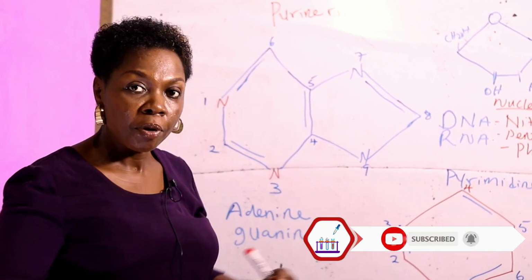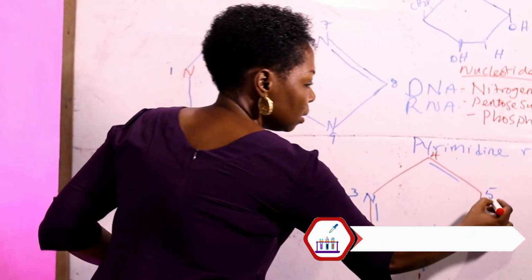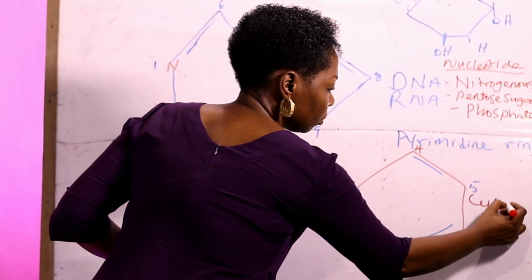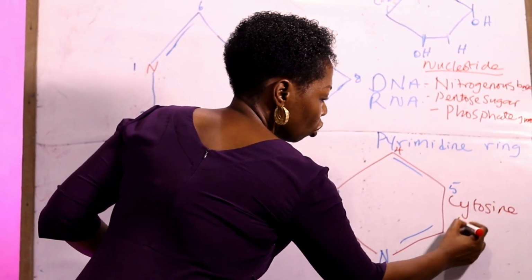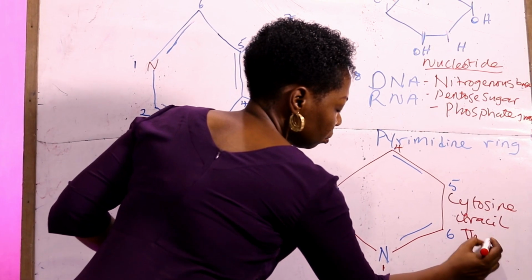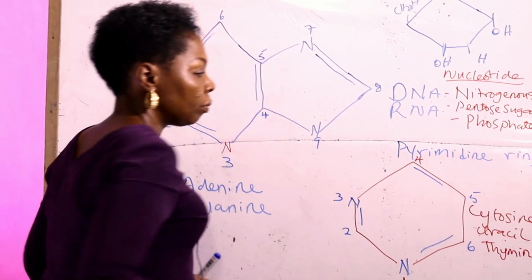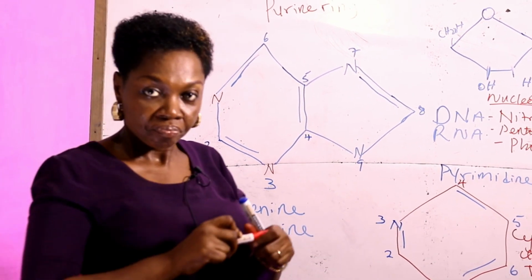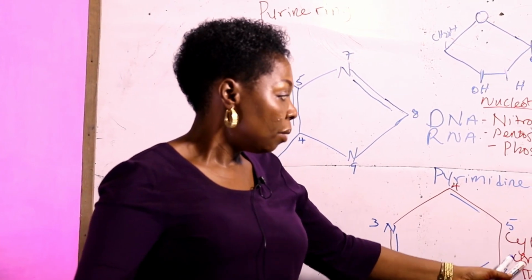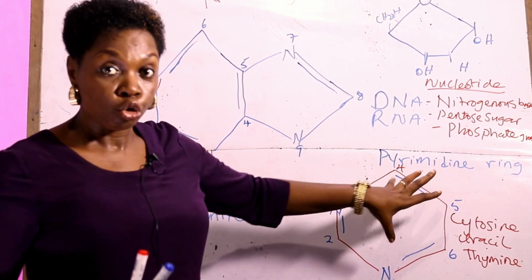Now, for the pyrimidine rings, the examples you have are cytosine, uracil, and thymine. So these are the 3 pyrimidine bases that have the pyrimidine structure.